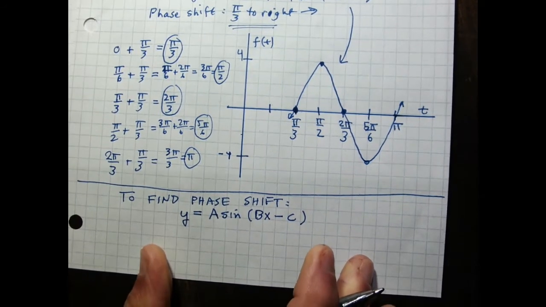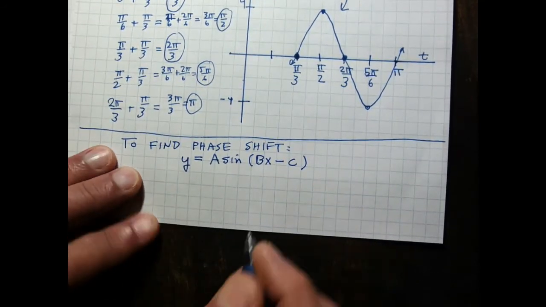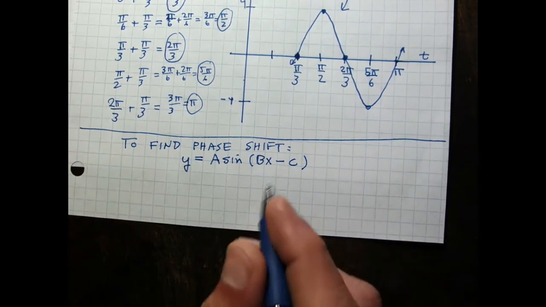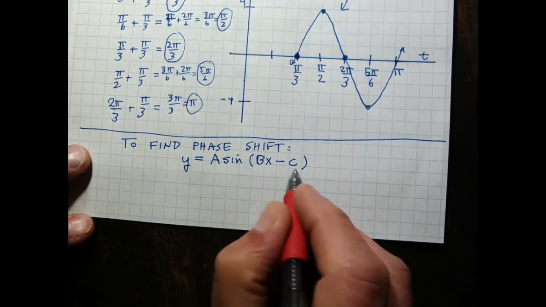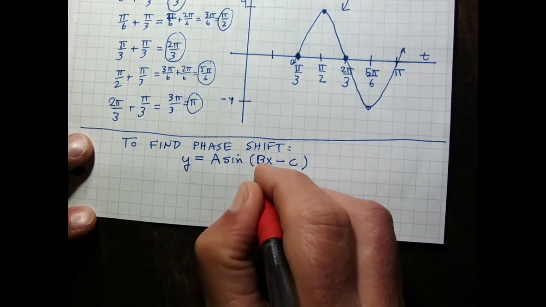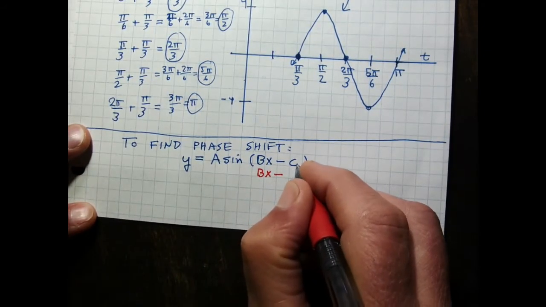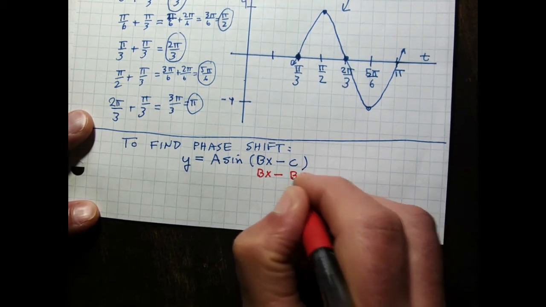We're going to introduce a c constant now into all of this. And if you do that, factoring out to create the double layer of parentheses, you've got to take that bx minus c and take the c and multiply by b over b.